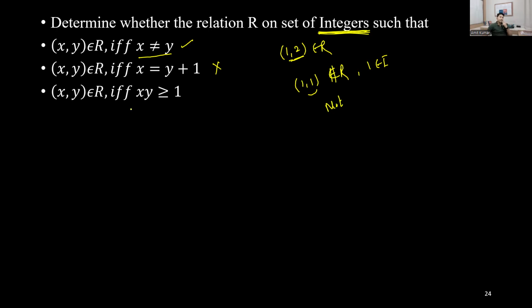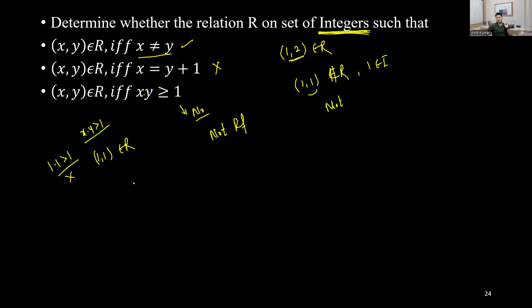The third one, (x, y) in R if and only if x·y is greater than or equal to 1. Is this relation partially ordered? The answer is no. Why no? Because it is not reflexive. Why not reflexive? Because it is on the set of integers, we are supposed to think on it. It is greater than or equal to. If it is greater than, then (1, 1) does not belong to R, because 1·1 is not greater than 1, right?